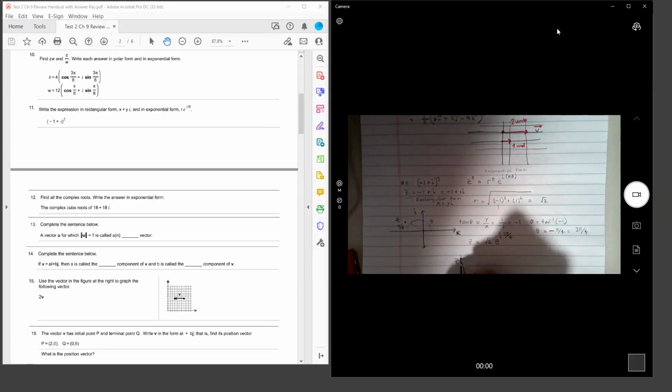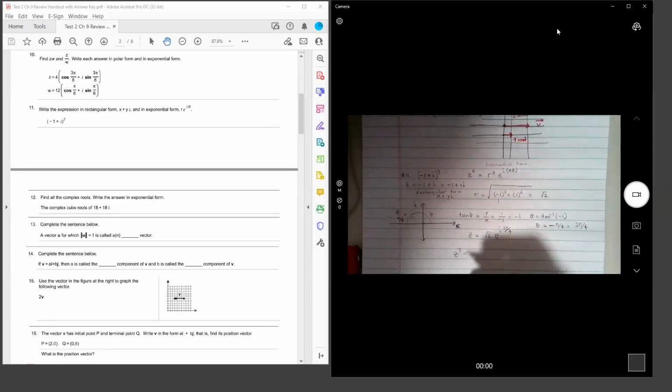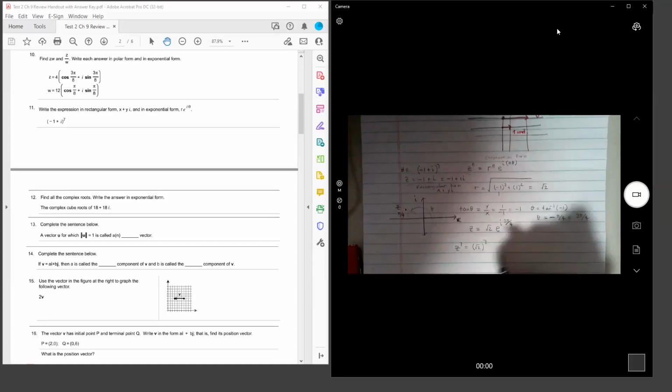So z to the 7th power is going to be the magnitude raised to the 7th power, times e to the i times 7 times 3 pi over 4.